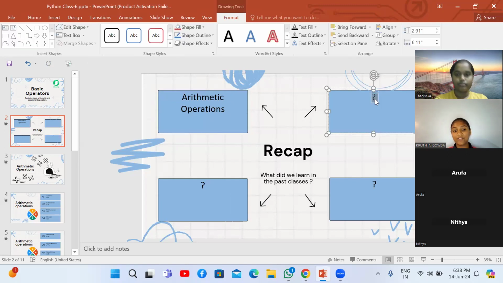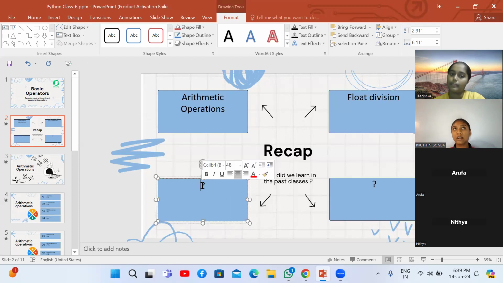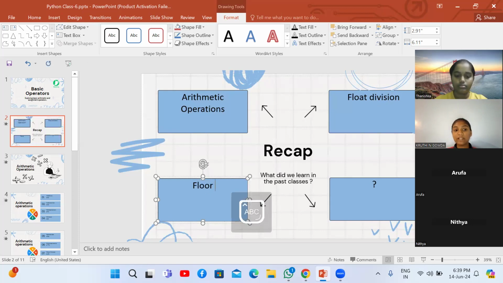Only that much I'm remembering. Okay, after arithmetic operation, you told some of the points, right? Float division and floor division. Float division, what does that mean? Float division means we use only one slash while dividing, and floor division means we use double slash.